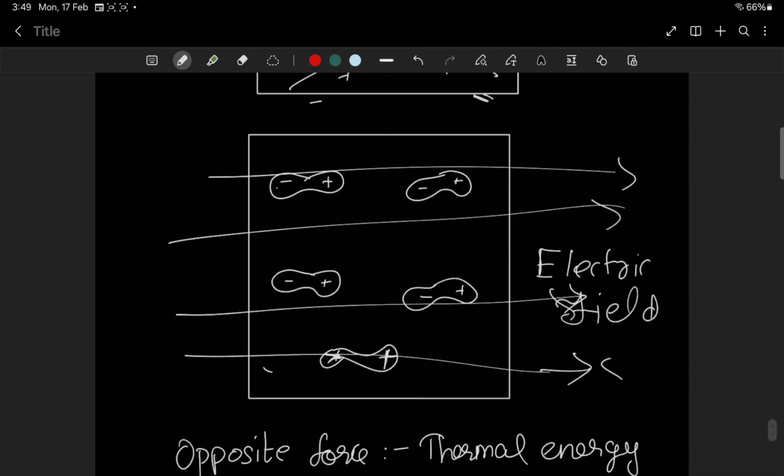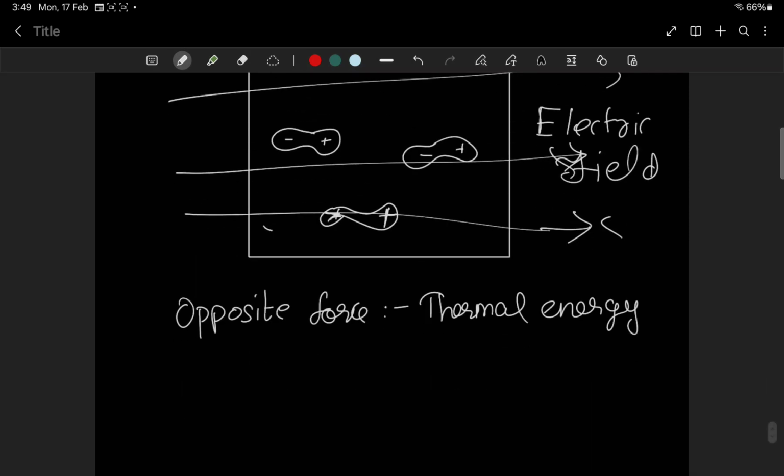So the electric field fights with thermodynamic stability, and we have two opposite factors. When they become equal, it is called the equilibrium condition. Understood? Now I have told you about polar dielectrics, so for sure there will be non-polar dielectrics.